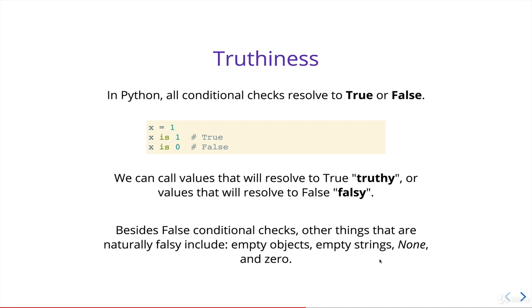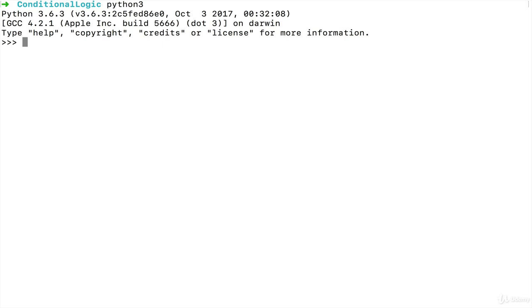When I say they're false on their own, it doesn't mean that just by referencing 0, the entire thing is going to be false. Let me open up Python 3 here. Let's say I did just if 0, very bland. I'm going to do a conditional statement in the REPL in the shell. You can do that, and it will force you to go to a new line when I hit enter, and it gives me the three dots saying I'm waiting.